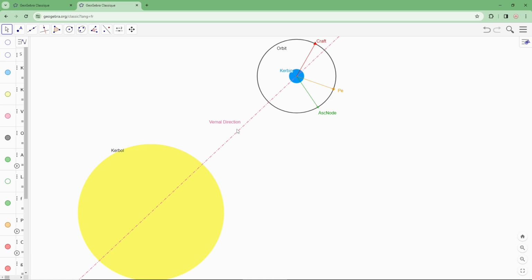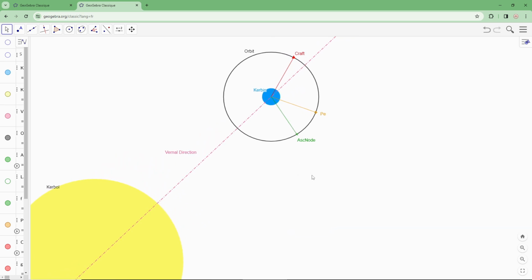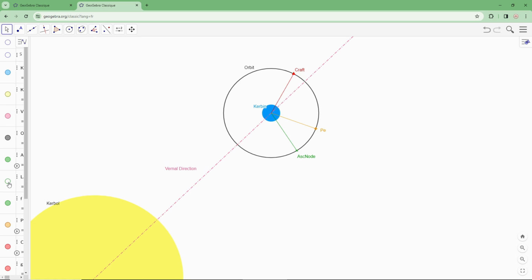With that vernal direction, for any orbit you have the ascending node. The ascending node is defined using the vernal direction. So for one given orbit you can define the longitude of the ascending node.